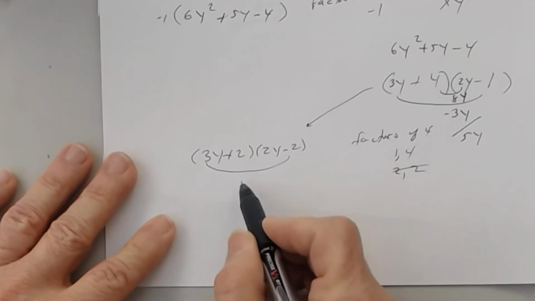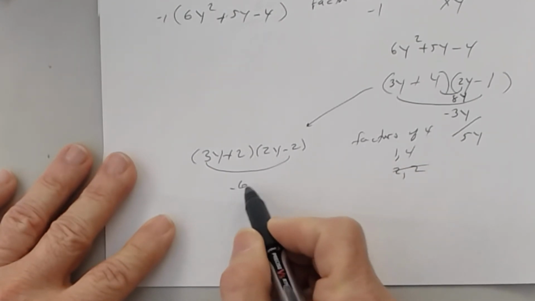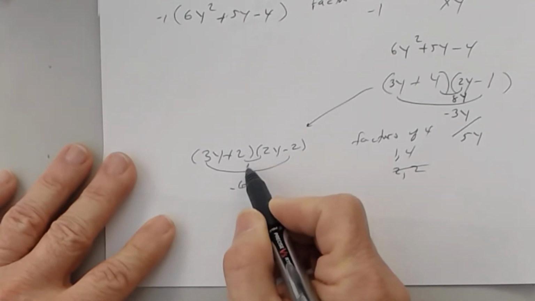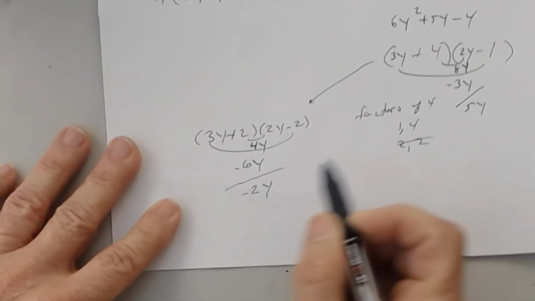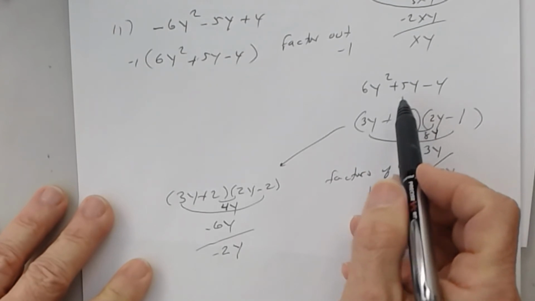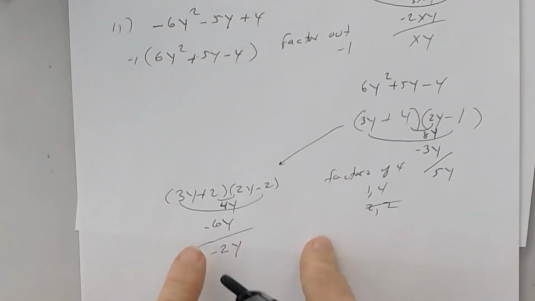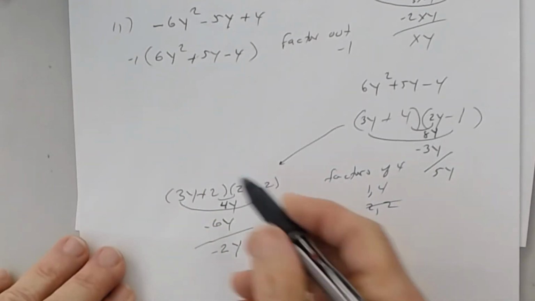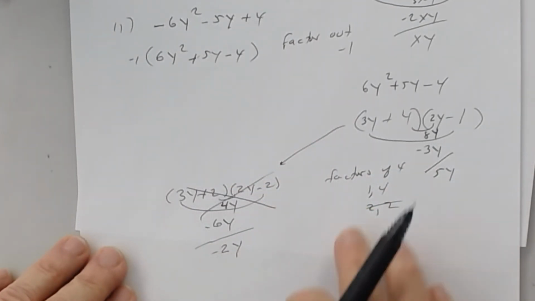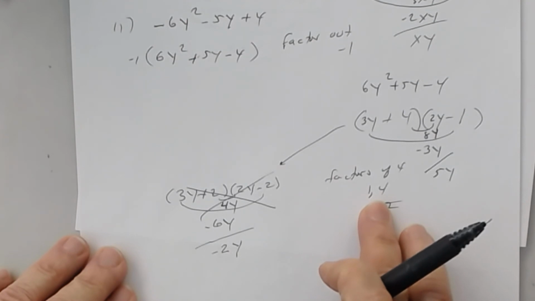What's the outer? Negative 6y. What's the inner? 4y. What do I get when I add them up? That's not what I wanted. So you may say, well, I'm going to switch them. Well, switching them is not going to help, because it's still 2's. So at that point, you realize that this wouldn't work, and you resort to 1 and 4.